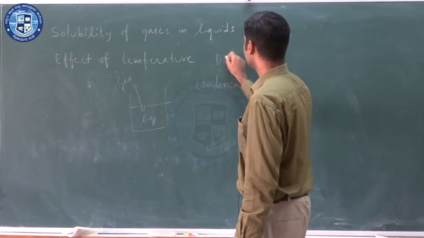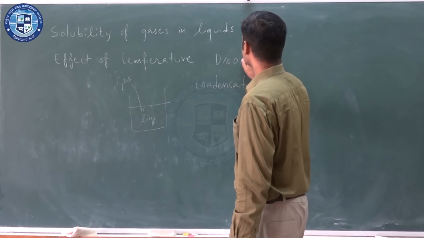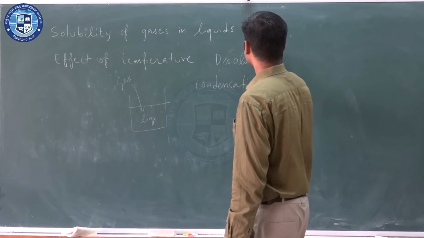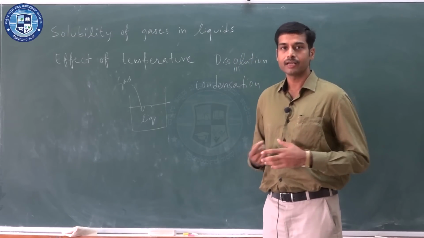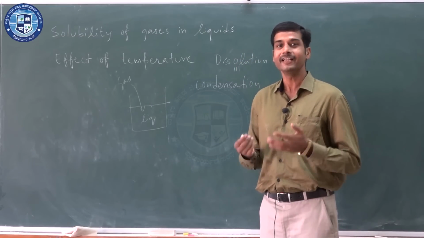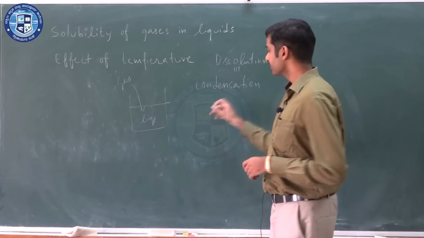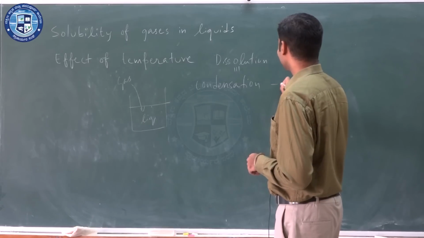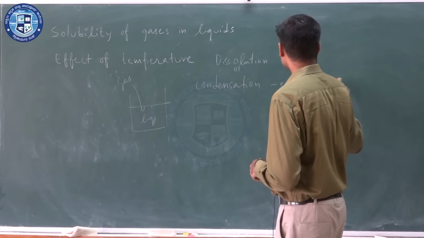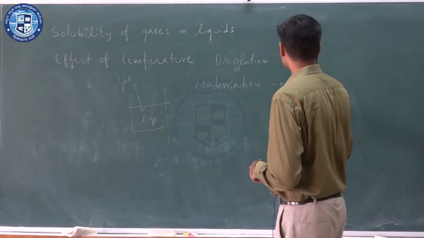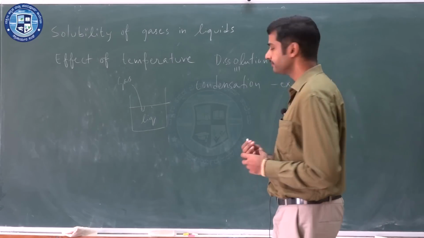So, dissolution is equivalent to condensation, and during condensation you are aware that heat is evolved. Condensation therefore is an exothermic process, or delta H value is negative.